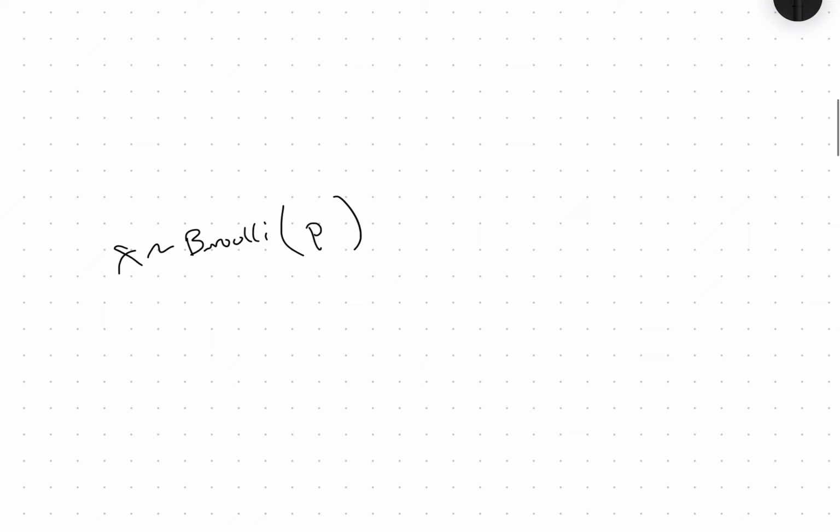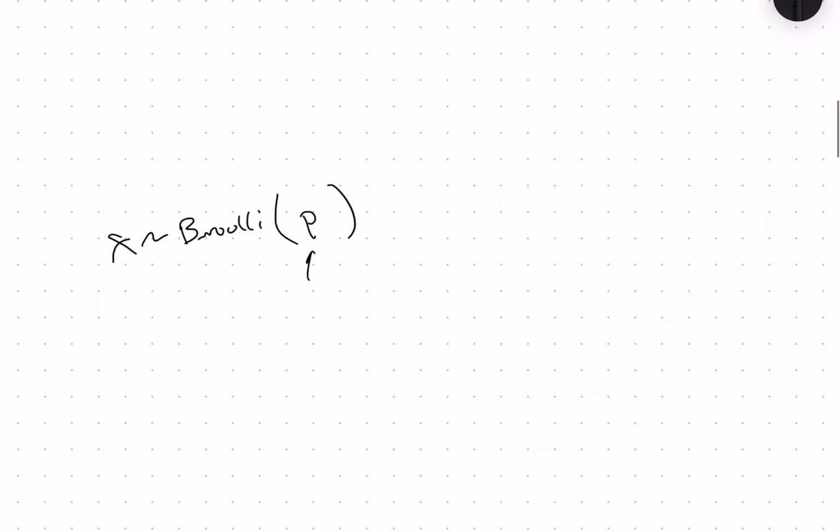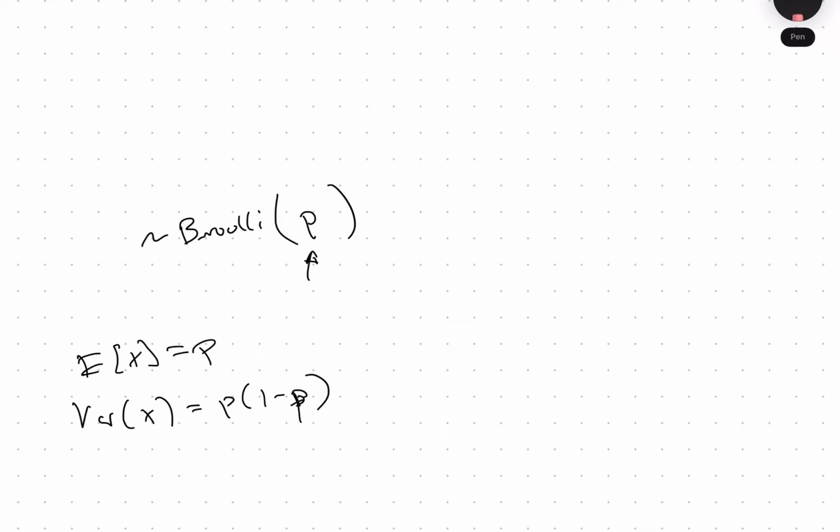And that's all you need to know to take on all of these interesting things. Like, you know that the expectation of a Bernoulli random variable is P. You know that the variance is P times 1 minus P. You know that automatically if you've defined X as a Bernoulli random variable.